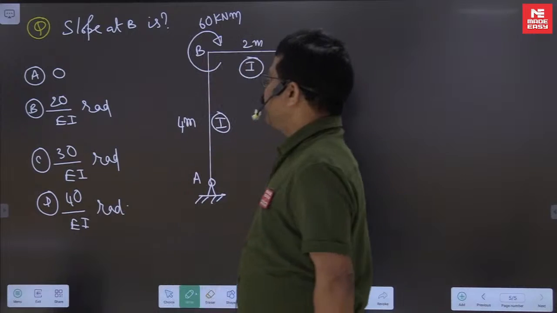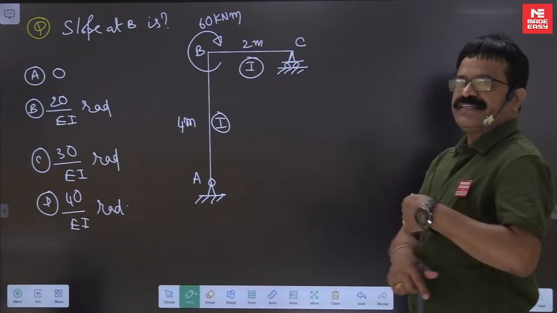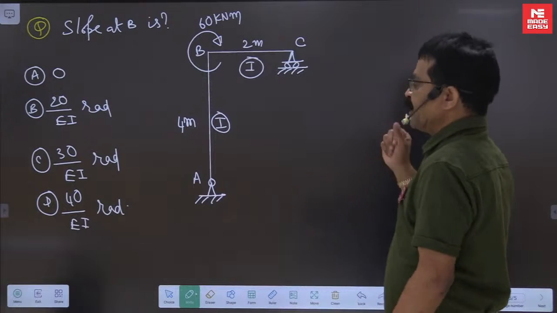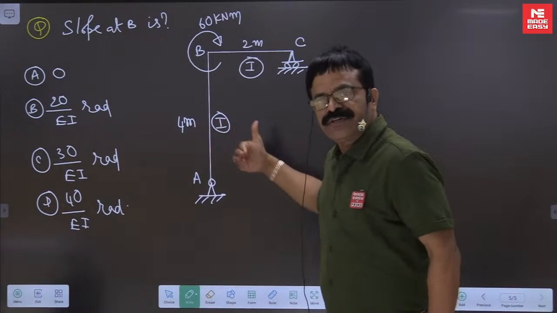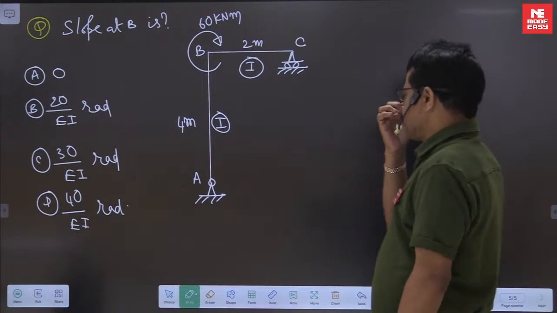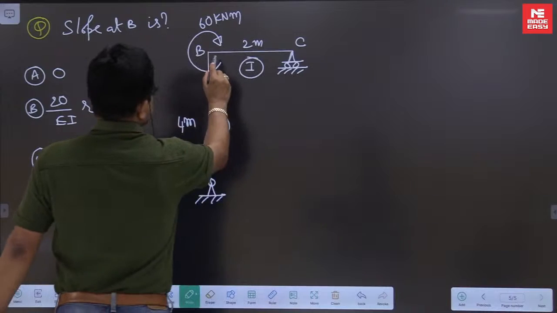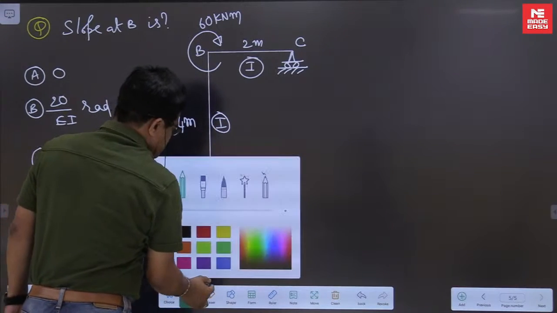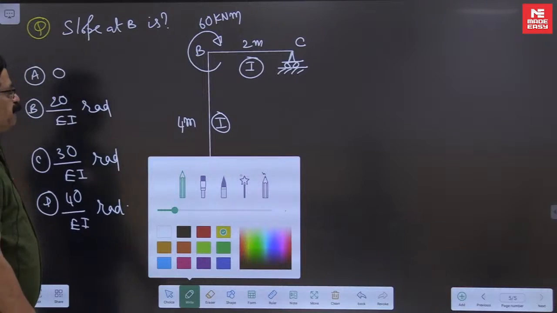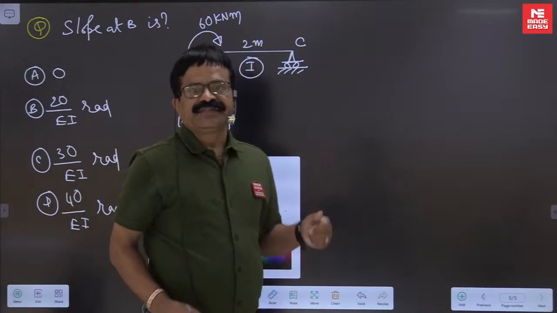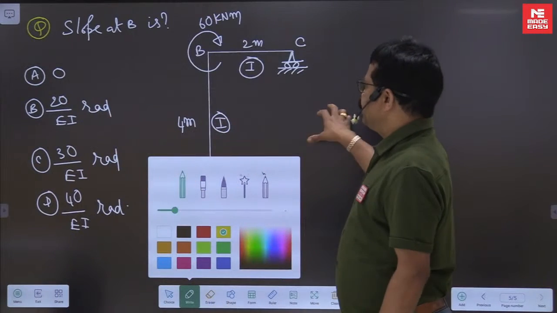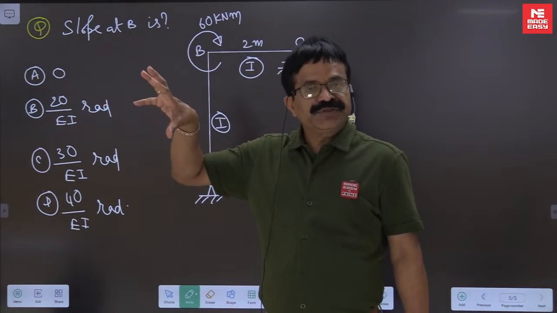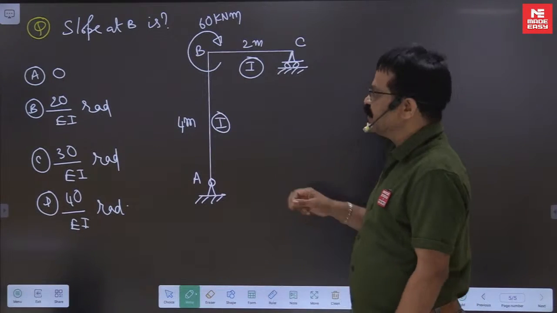Now we want to find, let us see, all possible ways we'll discuss. If you have only 5 seconds, how to manage, or if you have more time, how to manage. When you apply 60 kilonewton meter clockwise, what are the support reactions? First we should eliminate in our thinking that we should use MDM, moment distribution method.